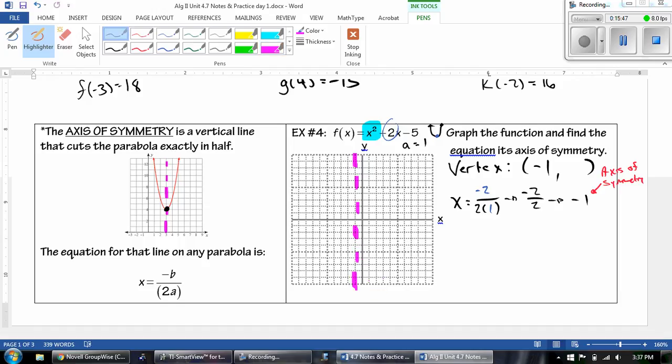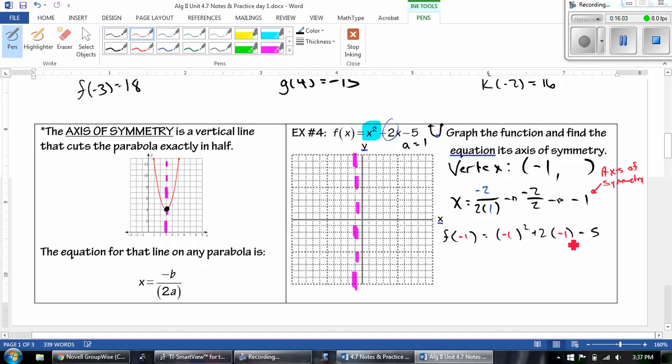Okay, now what I'm going to do is plug in f of negative 1 equals negative 1 squared plus 2 times negative 1 minus 5. We're going to plug in negative 1 to find out what our y value is.